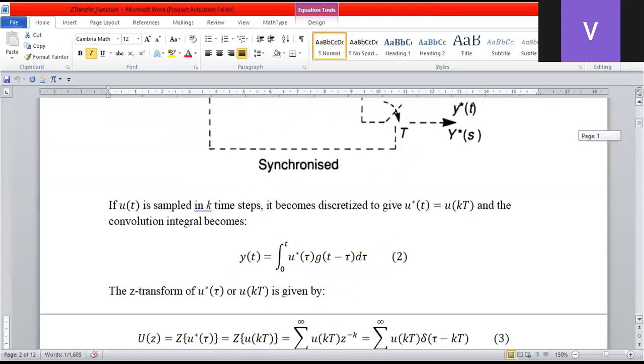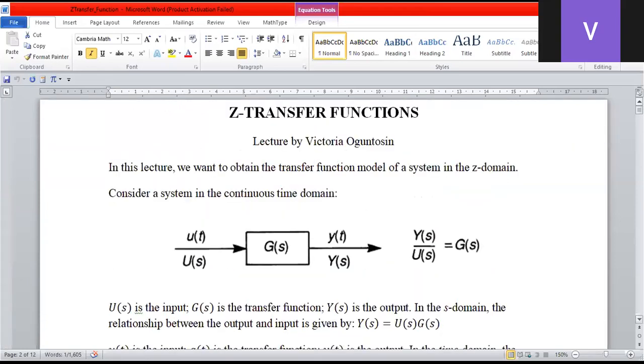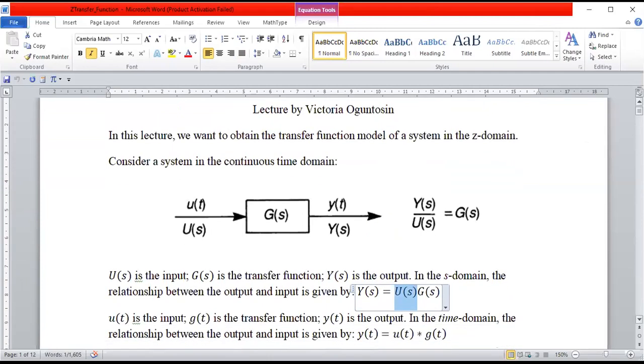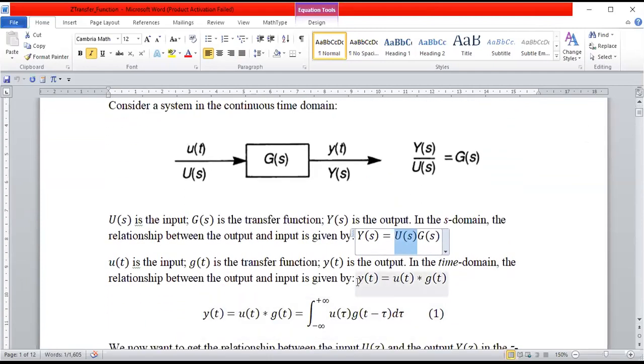Then for those of you that just joined, I stated that the relationship in the S domain, that's when you're in the continuous time domain, between the Y, the output, and U of S is given by Y of S is equal to U of S multiplied by G of S. And in the time domain, the relationship is given by this, where this symbol is a convolution.